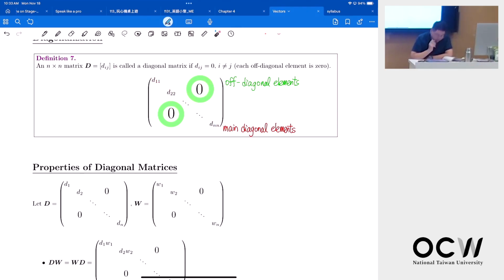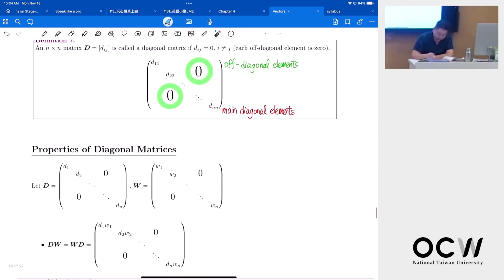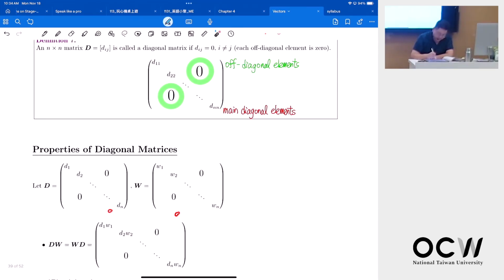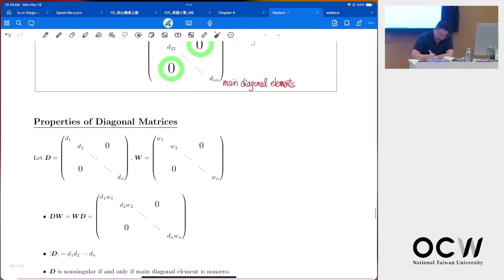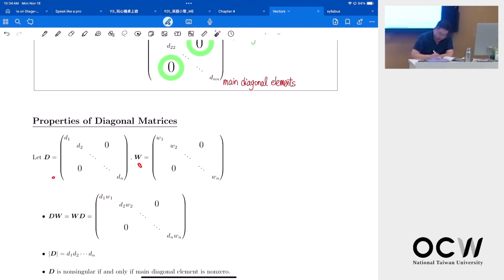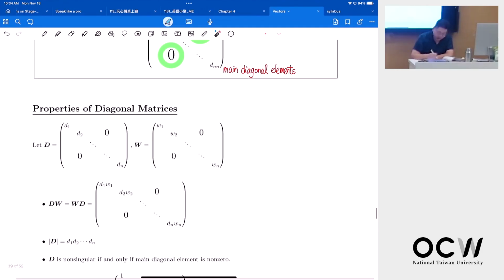And for this diagonal matrix, we have some properties. If I have two diagonal matrices, then D times W, or W times D, you don't need to calculate fully. You only need to multiply your diagonal elements in each position.